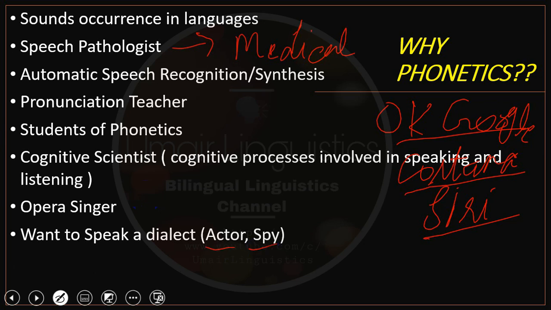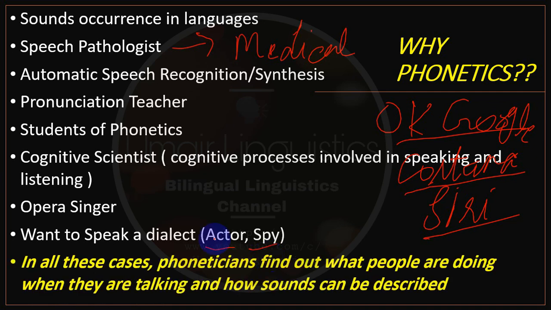For example, in many films, many movies, you have seen that actors sometimes pronounce differently, and even for those who are spies, agents, it is very necessary to speak different dialects, to speak different languages, so that other people are unable to distinguish who is the real one. So sometimes even such people need the help of phoneticians.